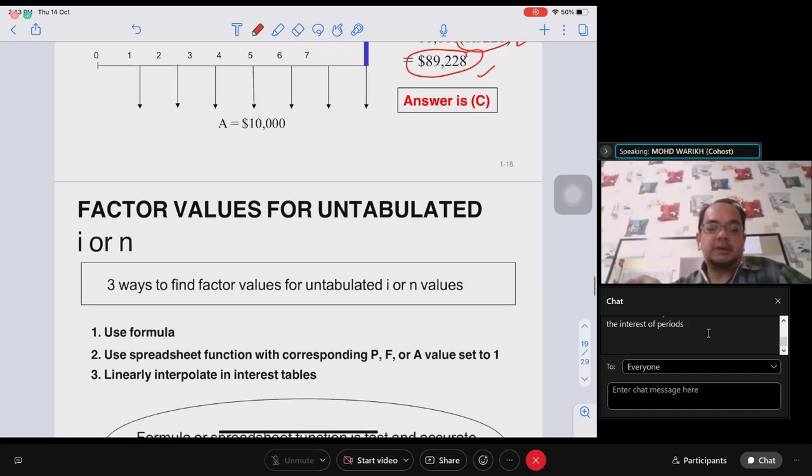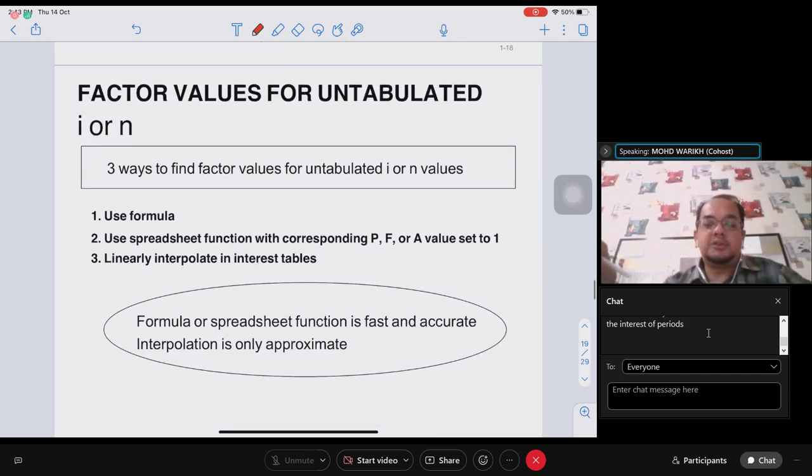Next, practical values for untabulated I or N. That means you have to find I or N. When you refer to the tables, you have to find I first.